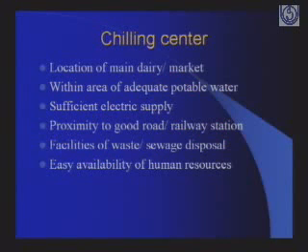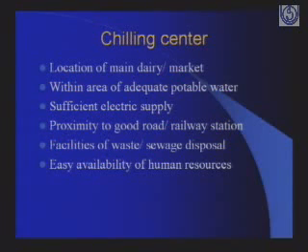establish chilling centers. The location of these chilling centers is affected by the location of the main dairy or the market. In the area where you want to establish the chilling center, potable water should be available in plenty, sufficient electric supply should be there, and proximity to a good road and railway station should be there, so that after collection the milk can be brought immediately to the chilling center.